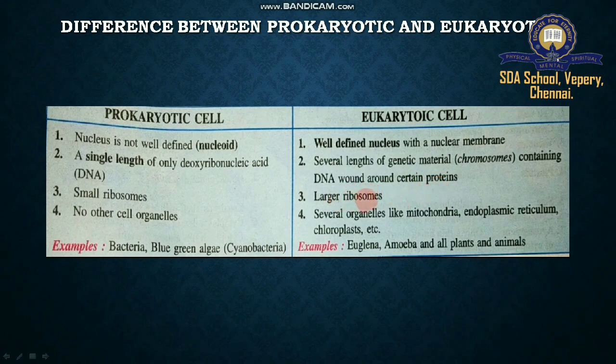Then larger ribosomes, and several organelles like mitochondria, endoplasmic reticulum, chloroplast, vacuoles, and Golgi apparatus, present in all eukaryotic cells. Examples: Euglena, amoeba, and plant and animal cells. Euglena is a one-celled organism, amoeba is a one-celled animal, and all plant and animal cells come under eukaryotic cells.